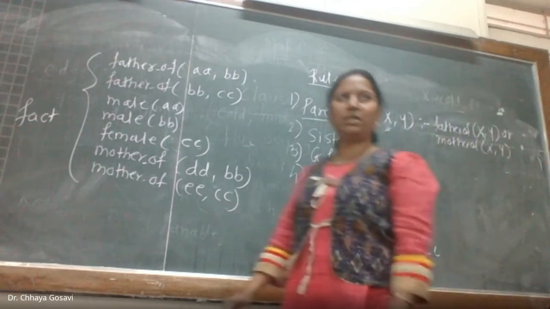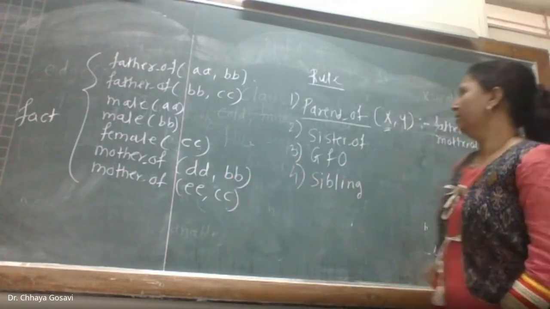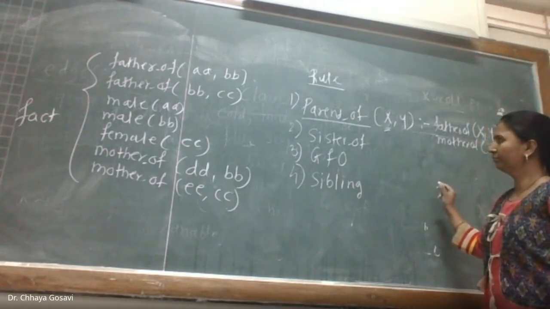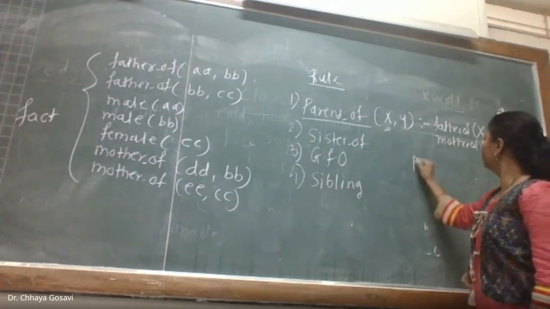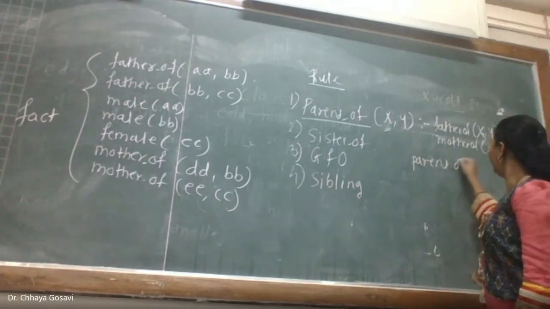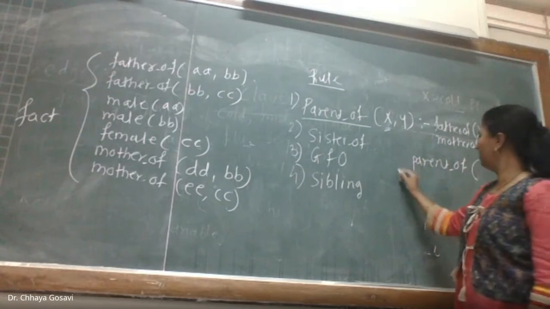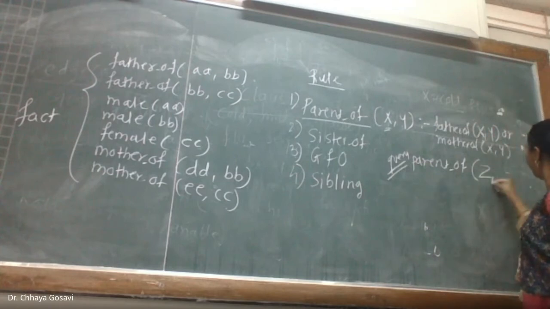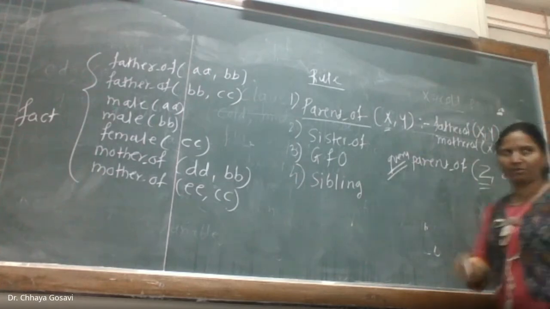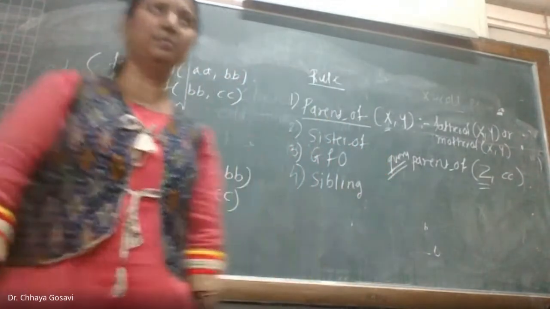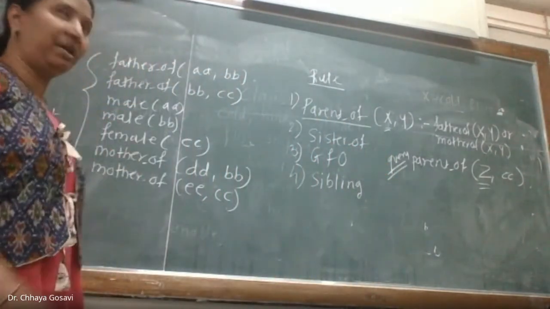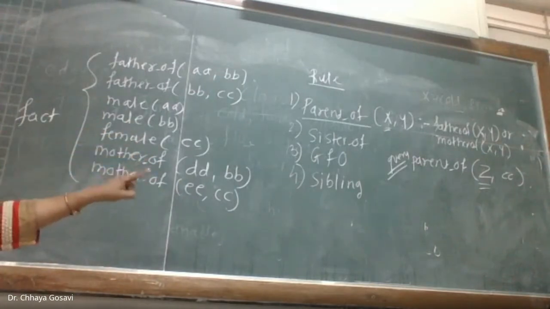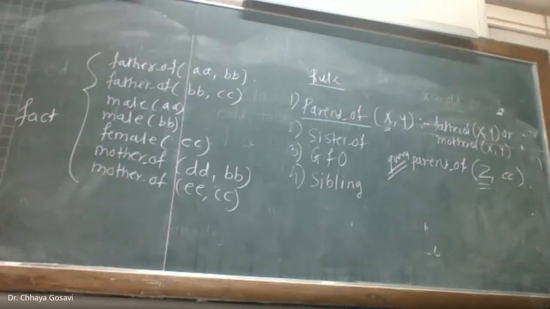So if my query is parent of, this is my query or goal. If my query is parent of Z CC, what will be the answer for Z? Parent of Z CC, we have just defined a rule: parent of XY is father of XY or mother of XY.